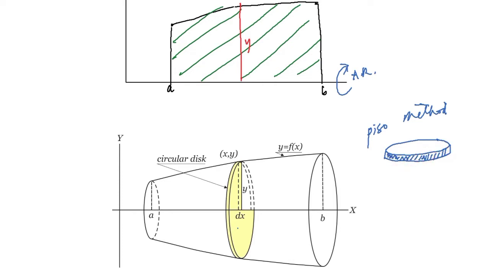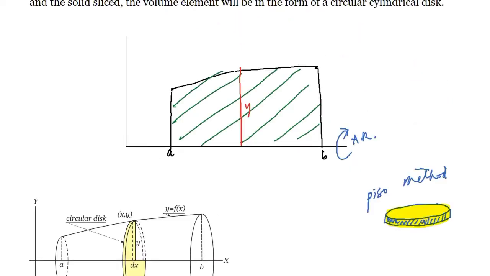Ito yung volume na to. Ito yung volume element natin to represent the total volume. And if we are going to consider the solid formed by revolving about the x-axis, what we are talking about here is the area bounded by the x-axis, and of course our curve, which is the function f of x, and the lines x is equal to a and x is equal to b.